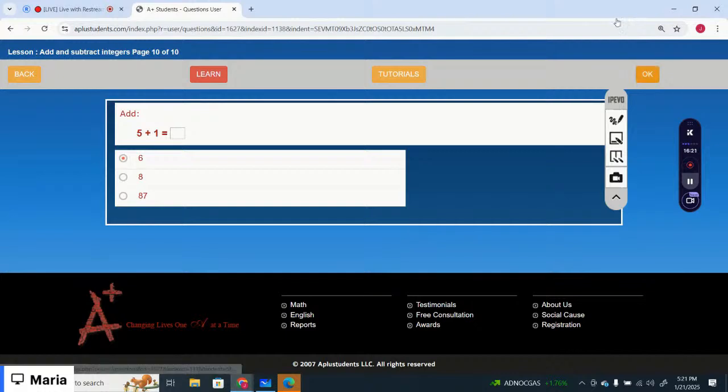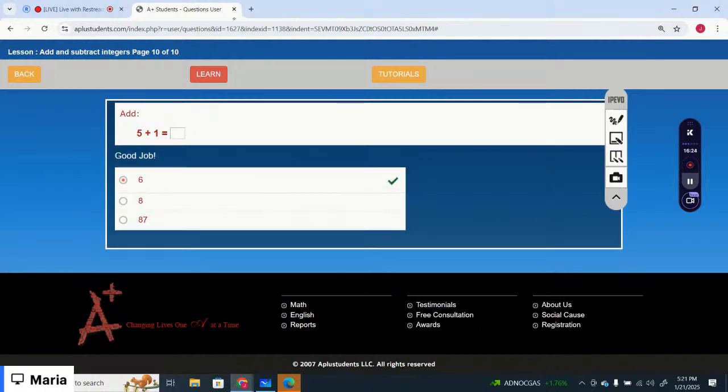Option number 1 is the correct option. You can complete the lesson by yourself later today. Let's move on to the next lesson.